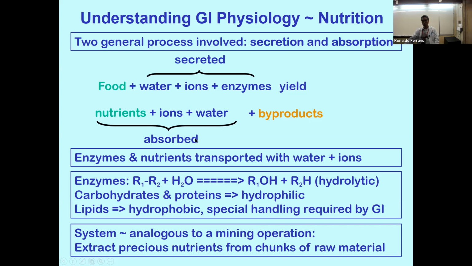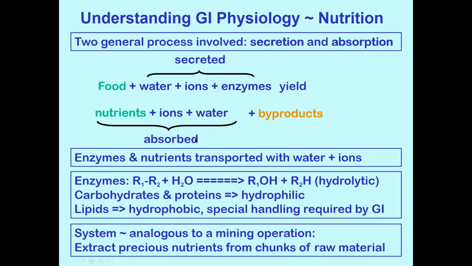And for macronutrients, for food, we know that carbohydrates and proteins are hydrophilic nutrients. In other words, they are composed of molecules that are relatively hydrophilic, and so they can exist in the aqueous medium that we secrete into the intestine, into the GI tract.